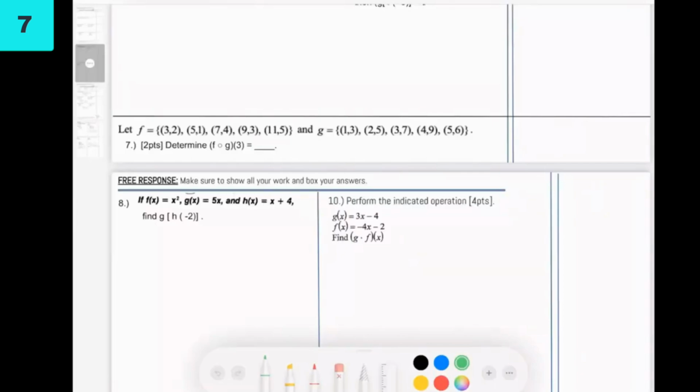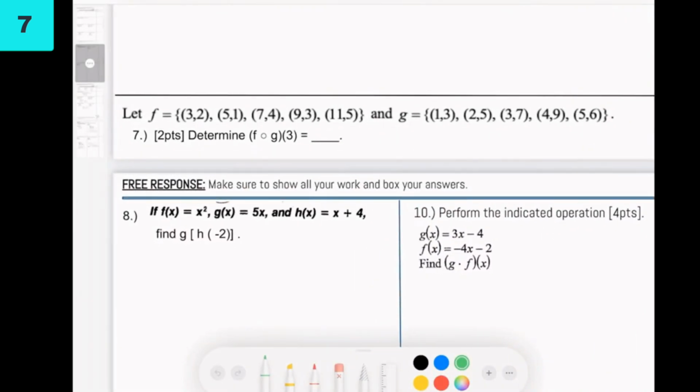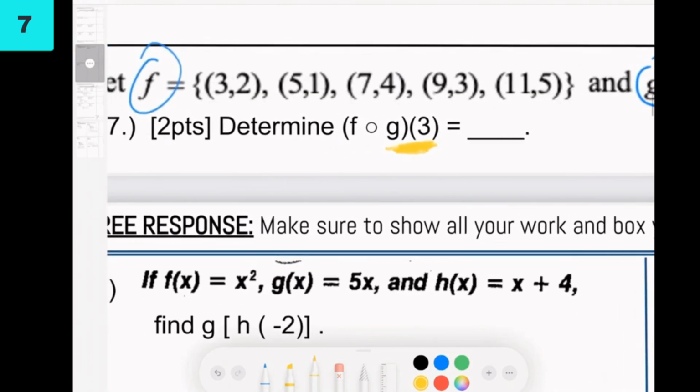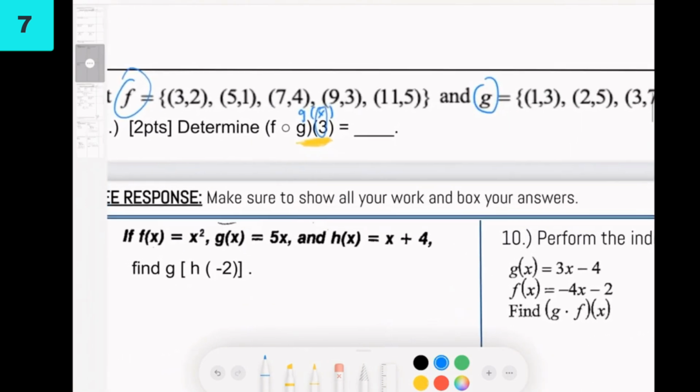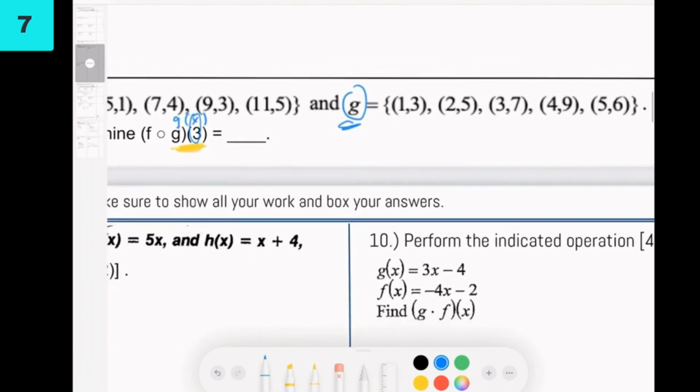All right, question number 7 gives us 2 functions, f and g. Now it tells us to start here on g of 3. So if you need a hint, you can write g of x. So we're looking for where x is on the g side. So here it is. So g of 3, the answer is 7.